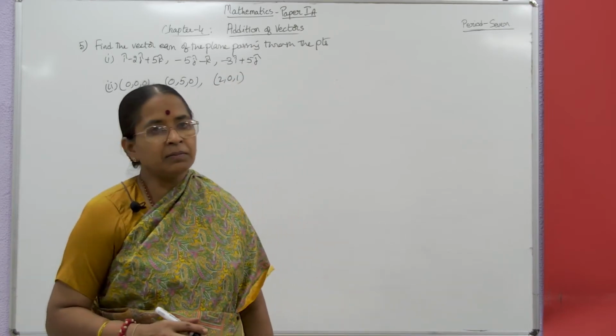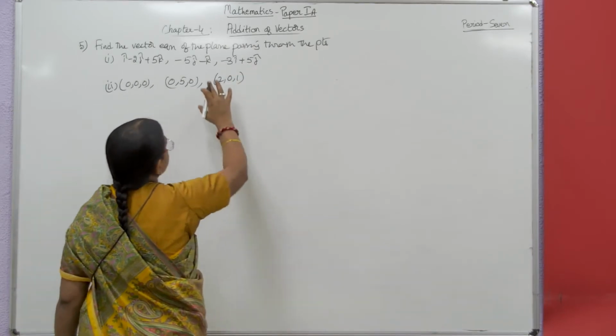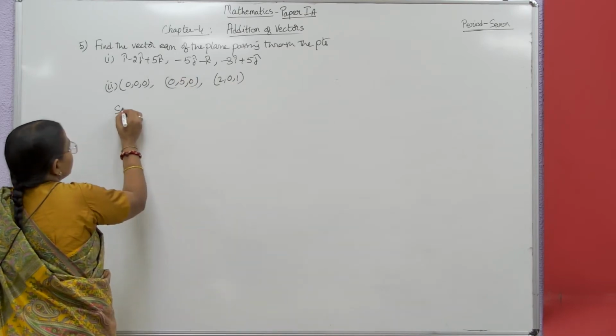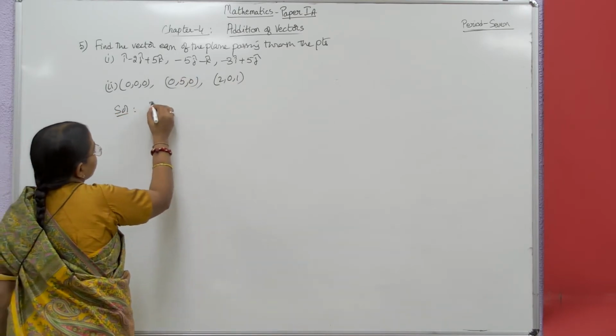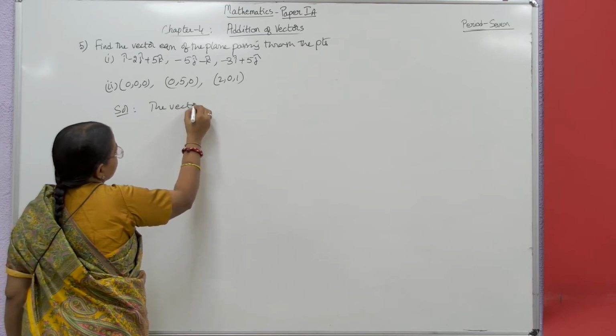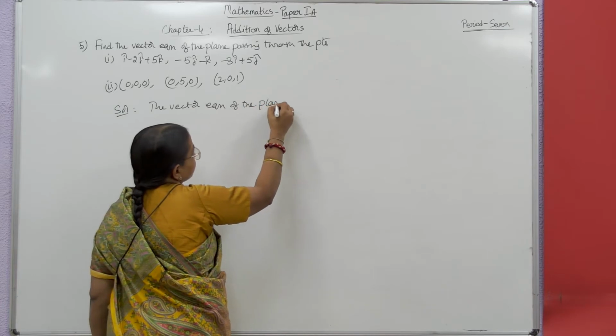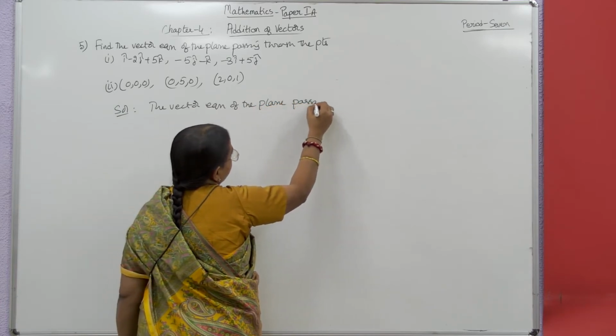Now the next problem is to find the vector equation of the plane passing through 3 points. These are the 3 points. So we know the formula for the vector equation of the plane passing through 3 points.